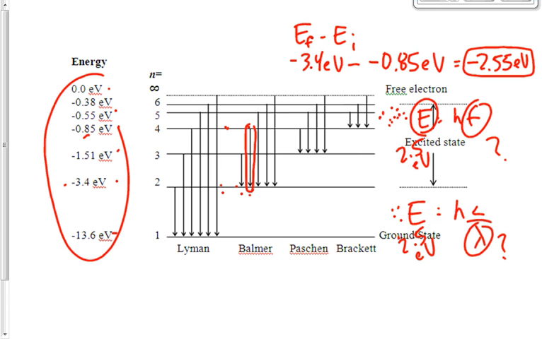Okay, the energy that's required for the electron to go up here to the infinite level. Tell me what it is right away without even doing a calculation. You're at negative 13.6. What do you have to absorb to get yourself to 0? 13.6. Okay, 13.6, done. 0 minus negative 13.6 equals 13.6.